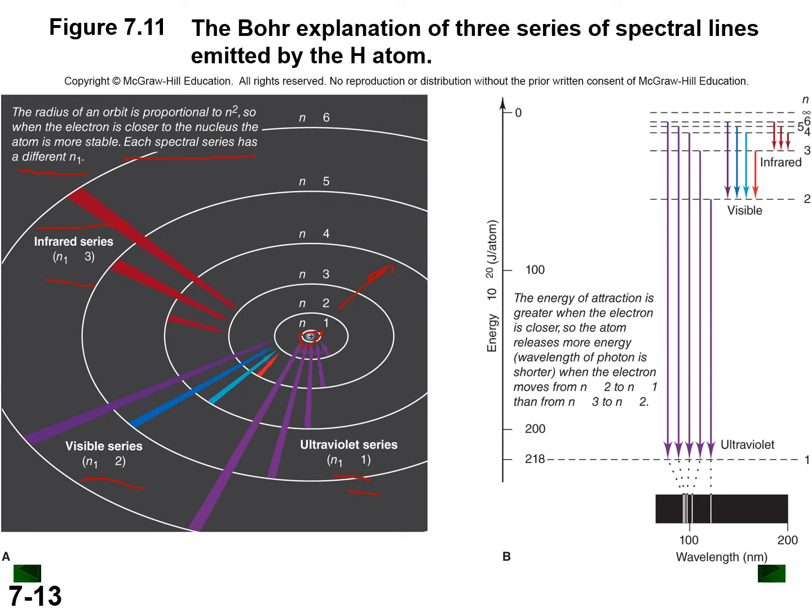The energy of attraction is greater when the electron is closer, meaning that the atom releases more energy, since the wavelength of the photon is shorter when the electron moves from n2 to n1 compared to when it moves from n3 to n2.